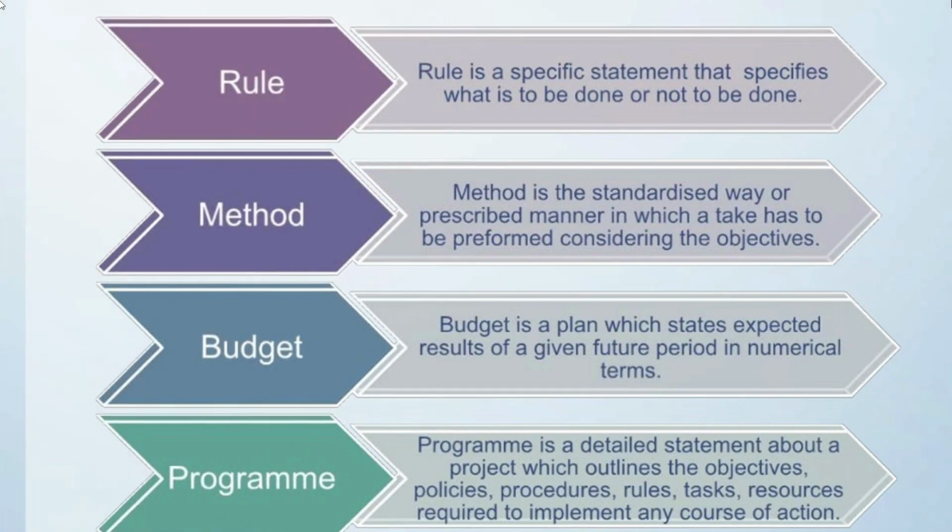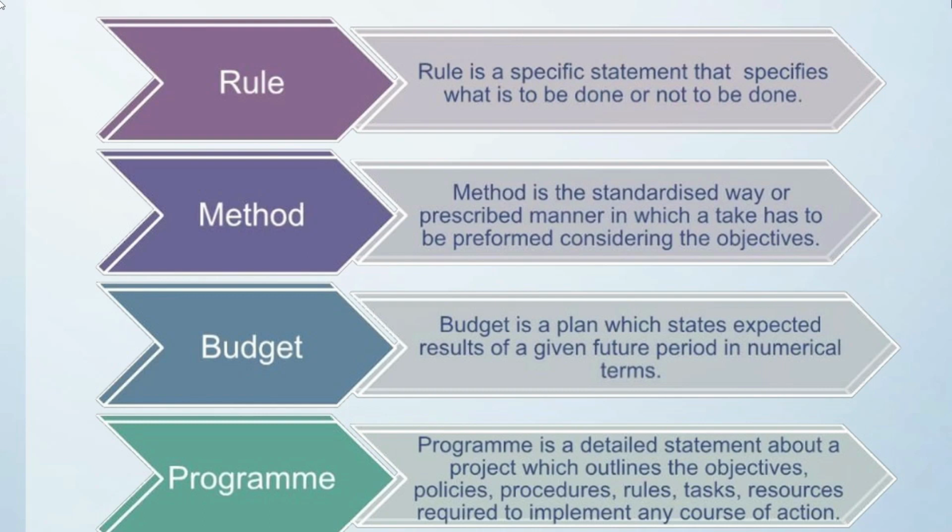In this slide, we'll talk about rules. So let us elaborate on this. Rules spell out special actions or non-actions of the employee. There is no discretion allowed in rules.